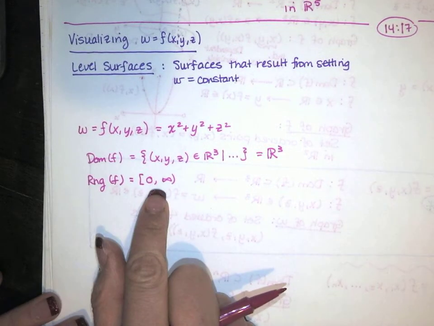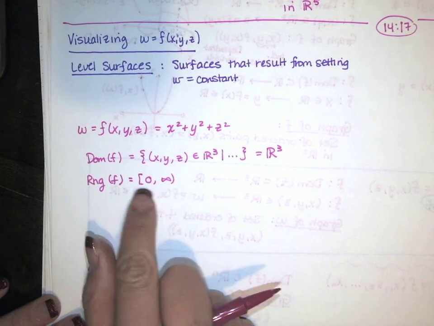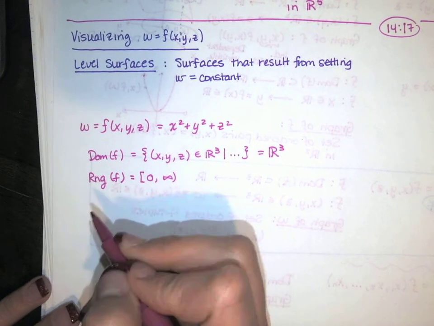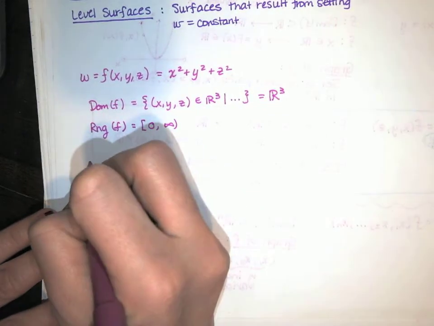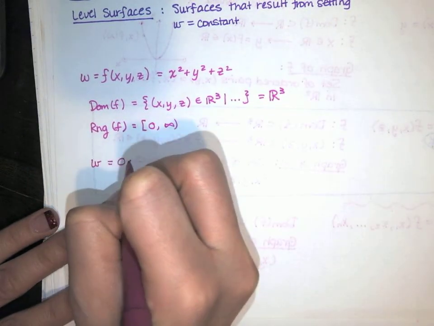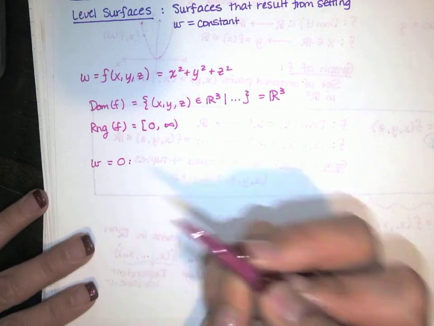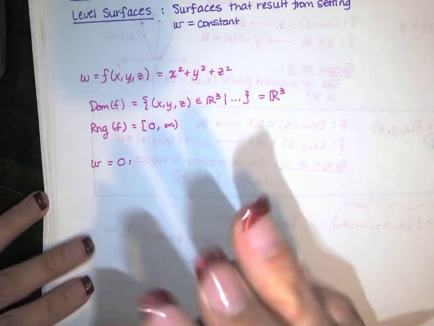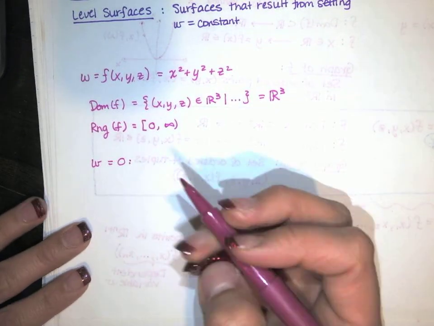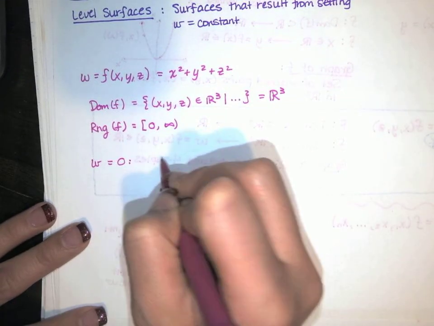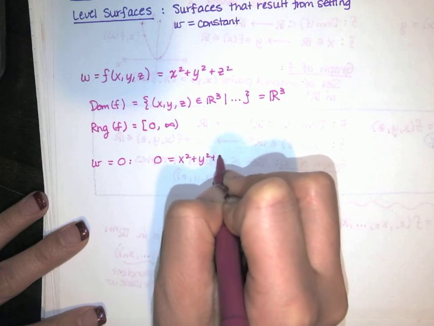I need to pick w values in this range. So I'm just going to start small, start with w equals 0. And then let's graph this also for w equals 1 and w equals 2. And maybe we'll go all the way up to 4. Why not? Okay. So when w equals 0, I get 0 equals x squared plus y squared plus z squared.